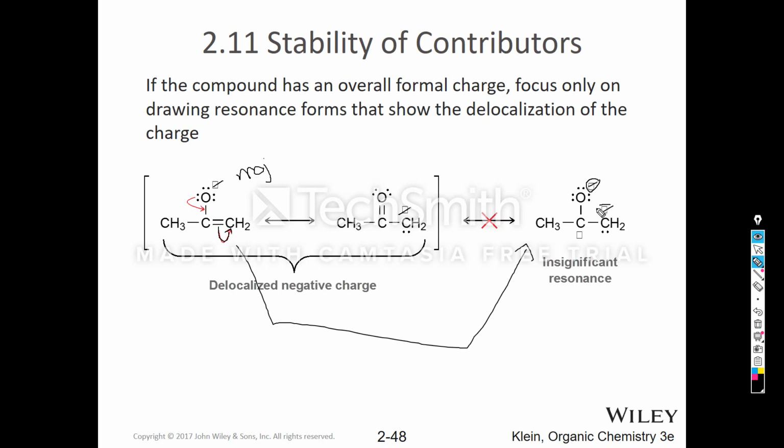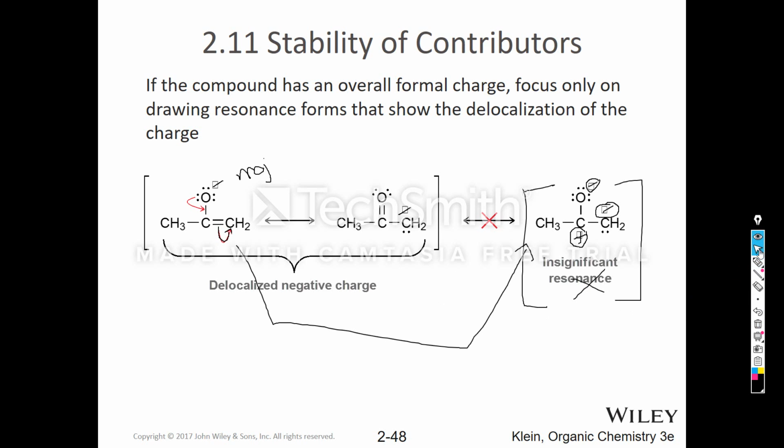This carbon has a negative charge, and this carbon is going to have a positive charge. And this is going to be a highly unsustainable form, because it has 3 charge separations and it has 1 atom without an octet. So this is going to be so unstable that this can be essentially ignored, and therefore you'll write only 2 resonance forms for this molecule.